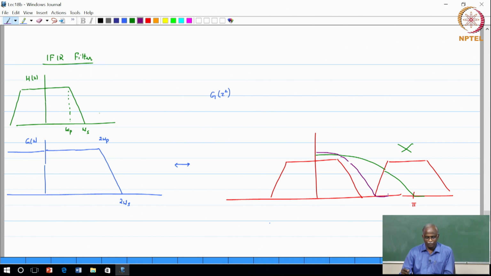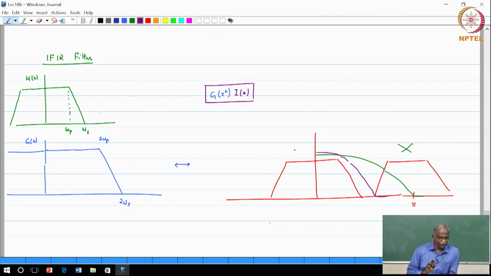So again, different forms are possible to get rid of that. So we are going to call this filter that removes the image as I of Z. Why I of Z? It is an interpolation filter. Basically when you did the interpolation, you got some unwanted images upsampling, and you would use a filter to get rid of the images, and this is the method that we want to call as the interpolated FIR technique.